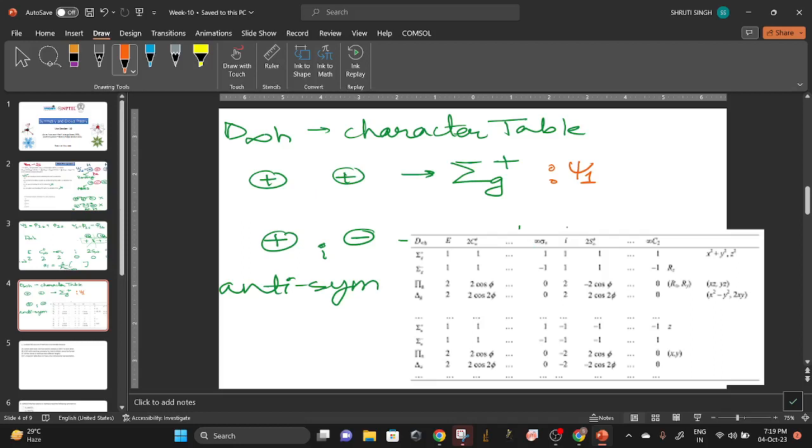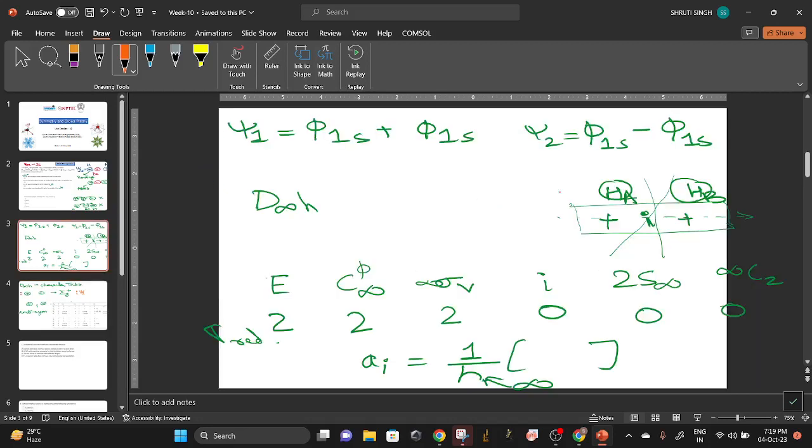Now we are considering it as a single unit. This is a linear combination. Earlier we had two different atoms, this was A, this is B, two different atomic orbitals. That's why the character was 2, because the basis consisted of two elements, HA and HB.